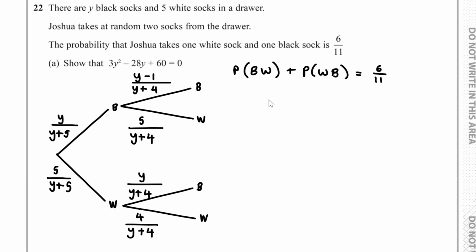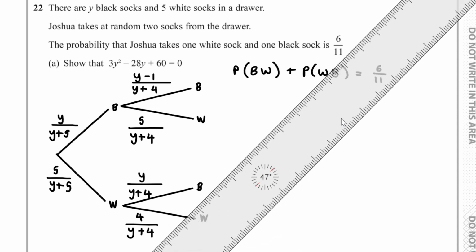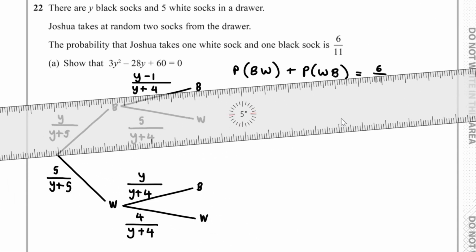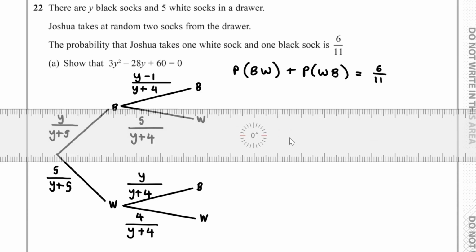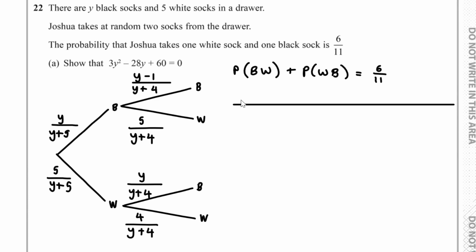So probability of black and white, let's just show this over here. The probability that we pick a black first will be y over y plus 5, and then we will multiply this by 5 over y plus 4.